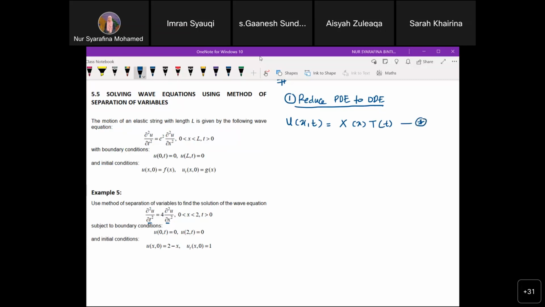Now you match with the PDE given, where the PDE needs to have U double T and U double X. So your U double T should be X T double prime, and U double X should be X double prime T. And then substitute.